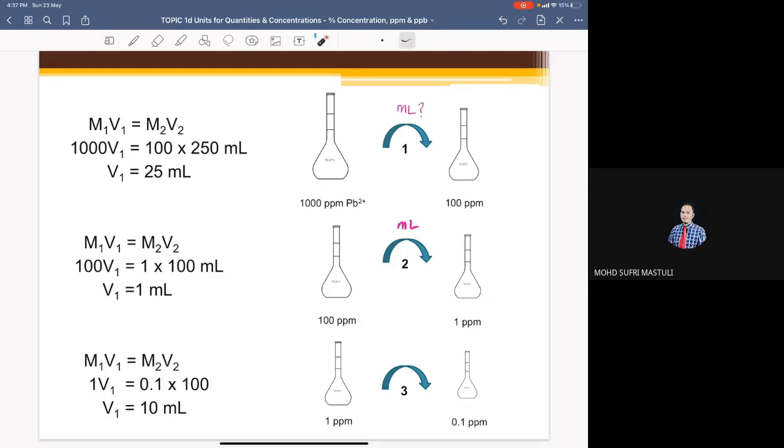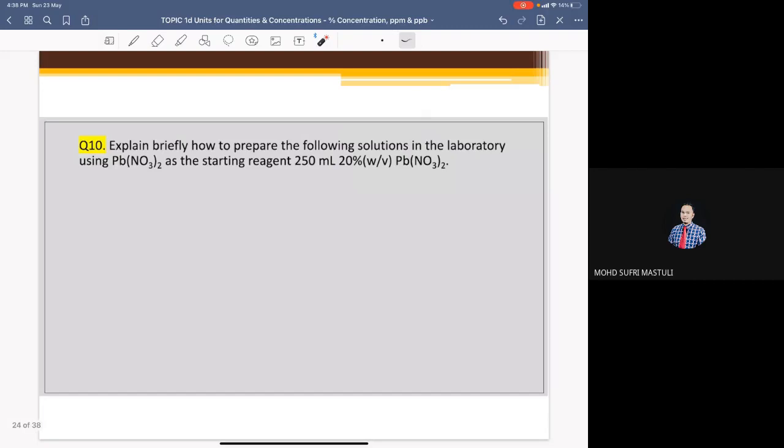Okay, so also here you can prepare 0.1 ppm in 100 ml volume, so you can calculate the volume of 1 ppm needed to prepare 100 ml of 0.1 ppm solution. So you just use the similar formula M1V1 = M2V2.